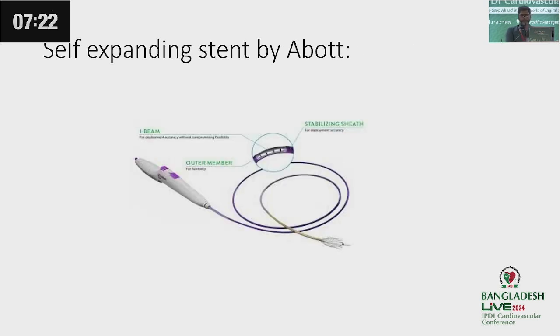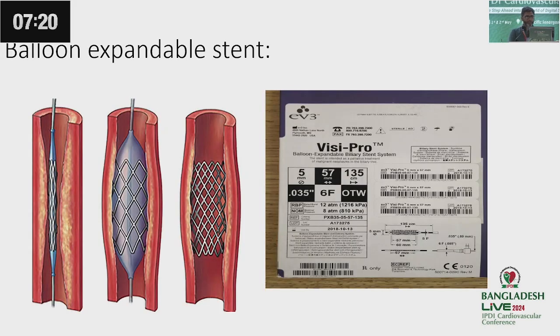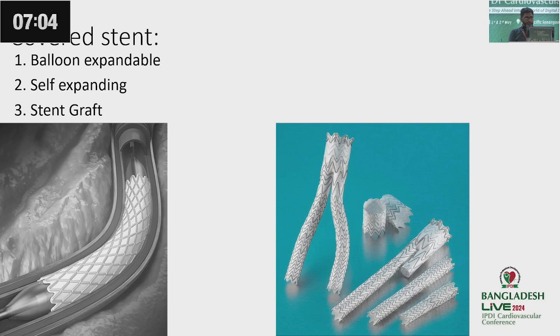Recently, we are using Abbott's stent. And this is the balloon expandable stent. We are using Medtronic and the Advanced Meditech's Neptune balloon expandable stent. It's the covered stent. The covered stent can be balloon expandable, self-expanding, and also stent graft.